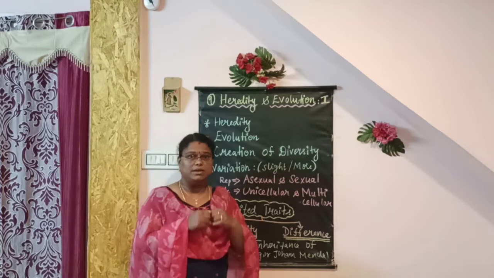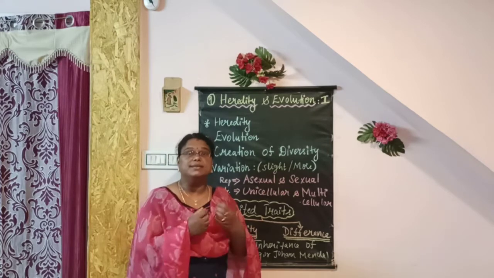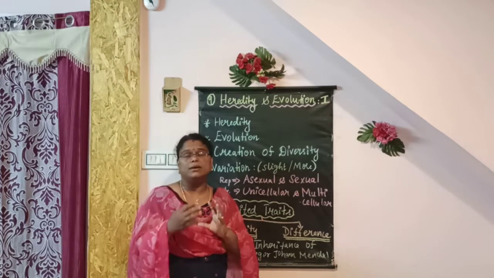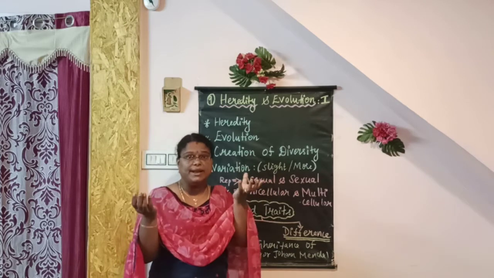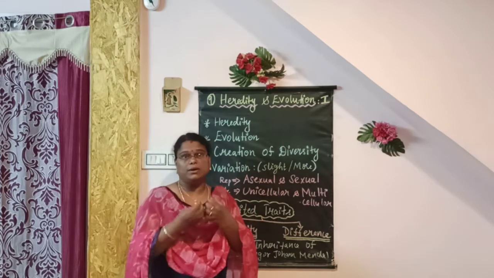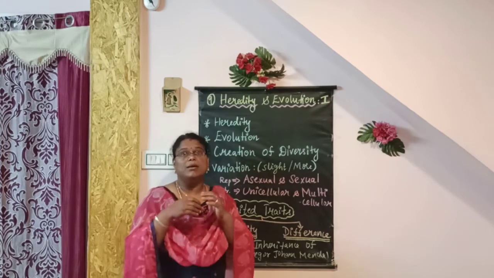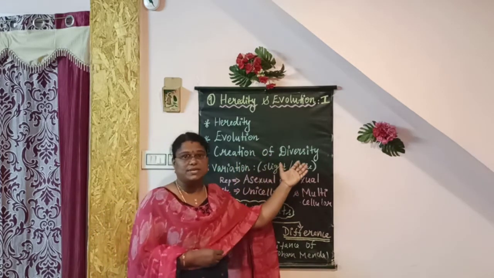So in this case the child, or the trait, will be receiving two different DNAs. So here the variation will be more, because two different DNAs join together to give a trait. So the resulting trait will be getting more variations. So that is creation of diversity.